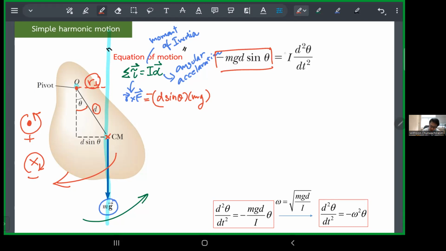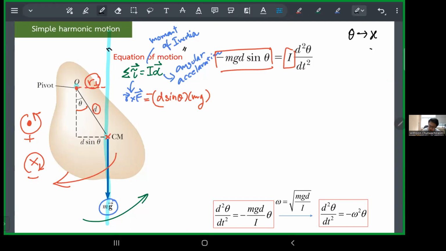And then the moment of inertia is there. The moment of inertia is usually given for a particular type of object. It depends on the shape of the object. So let's say you get the information about the I, the moment of inertia of the object. That's good. And now you multiply by the acceleration, but once again, theta is just like x.